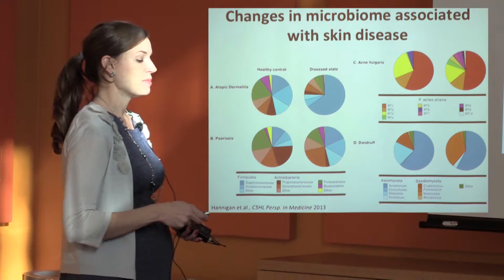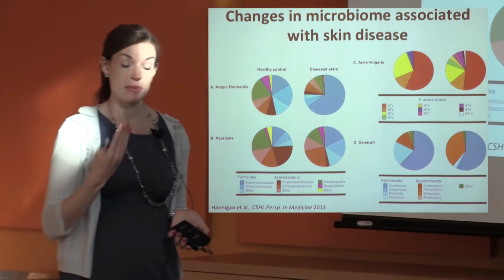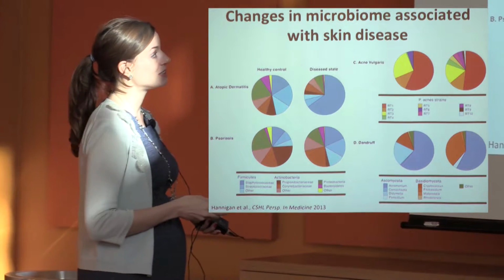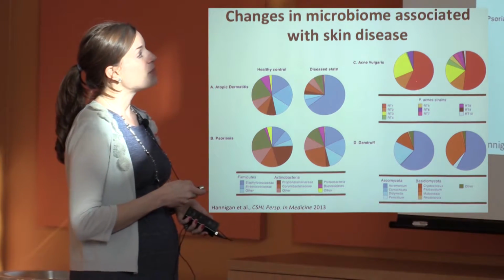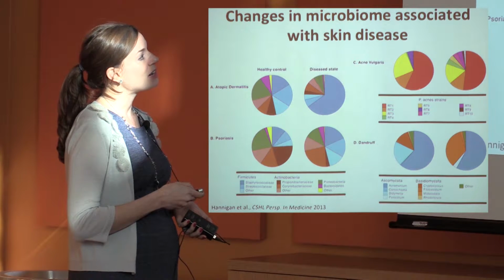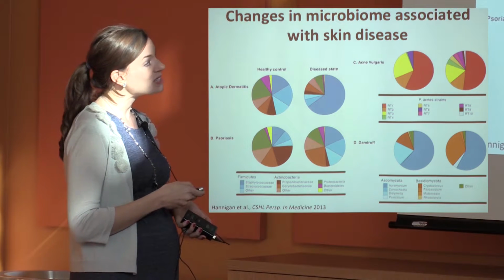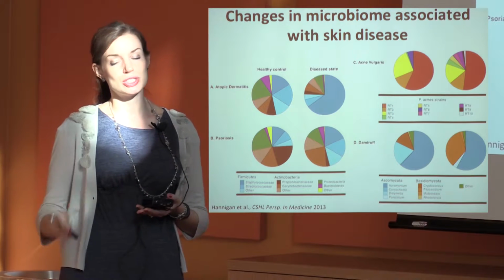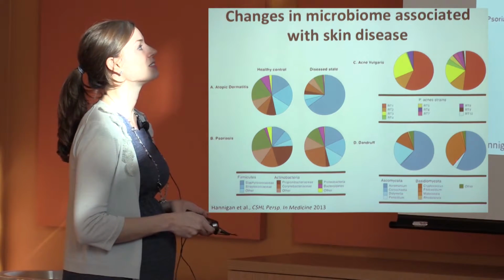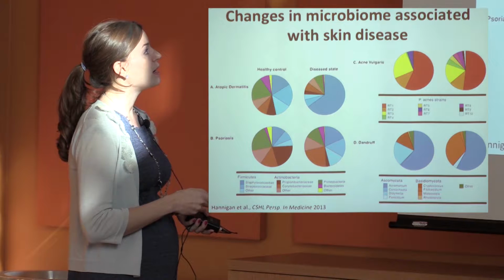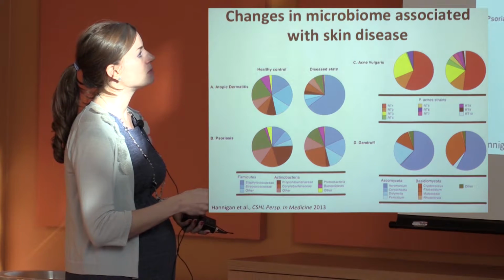Acne is interesting because it's associated with Propionibacterium acnes, this type of bacteria, but it's not necessarily the species of bacteria, but the individual strain of bacteria that is associated. So this is the diseased over here.